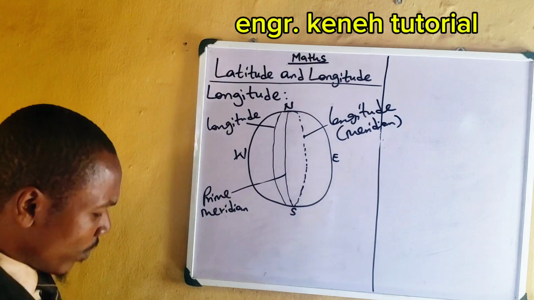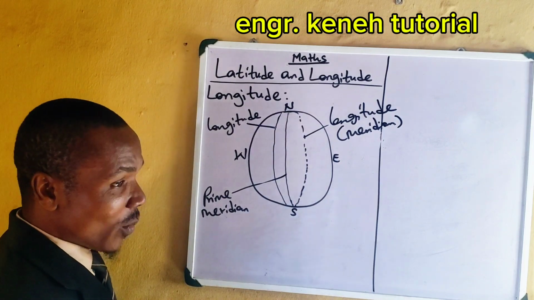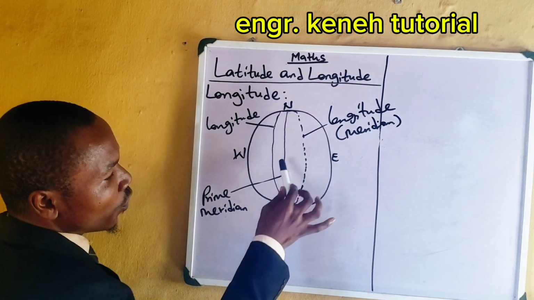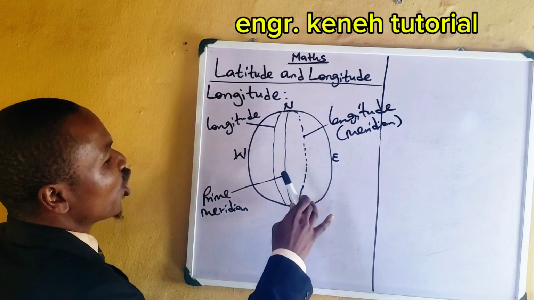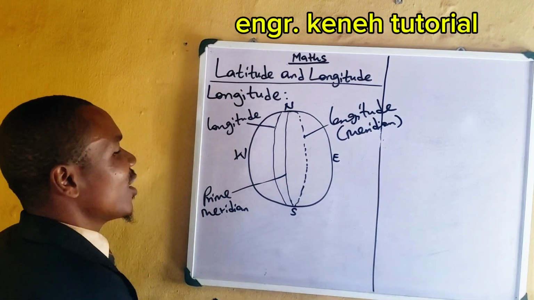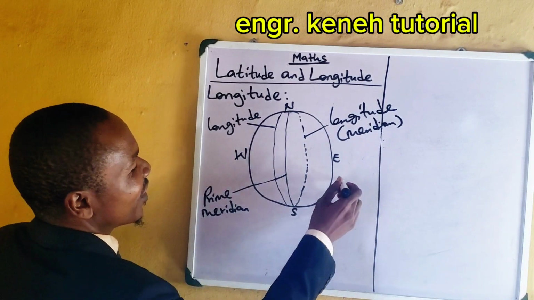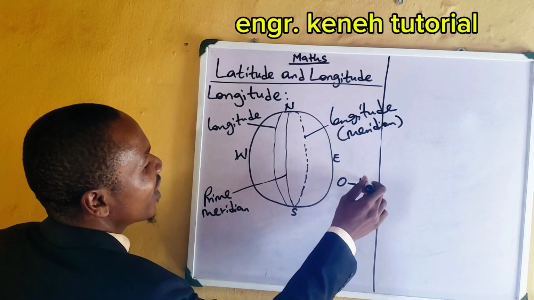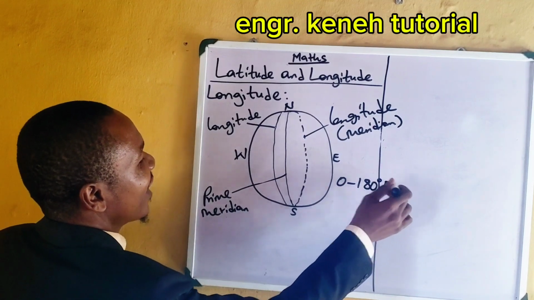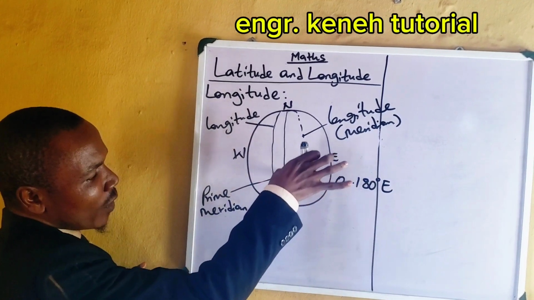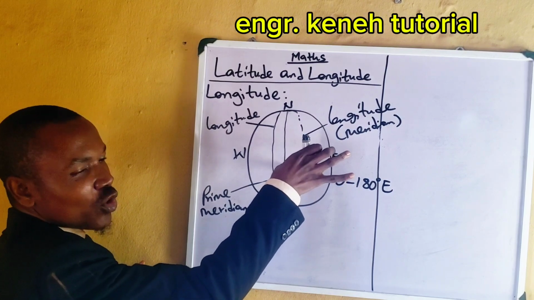All right. But the actual way of doing it is that from this prime meridian going towards the east, you have from 0 to what? You have from 0 to 180 degrees east. Can you see? So at this point, this prime meridian, the angle is supposed to be 0.